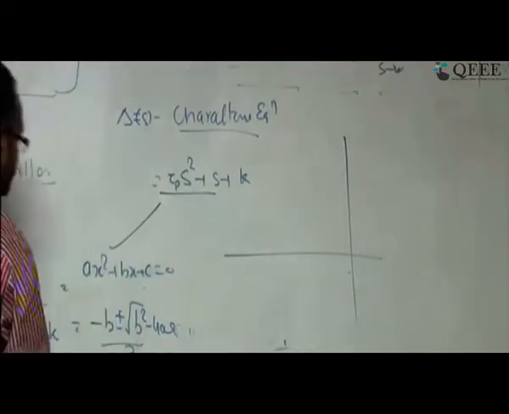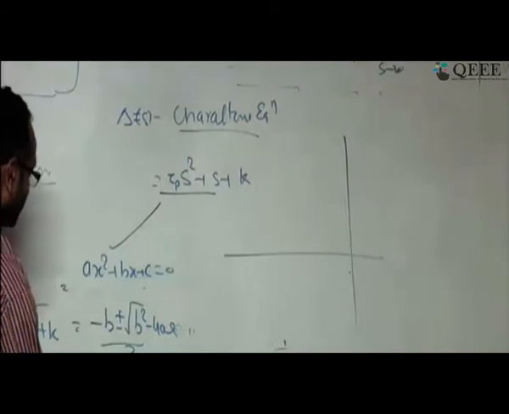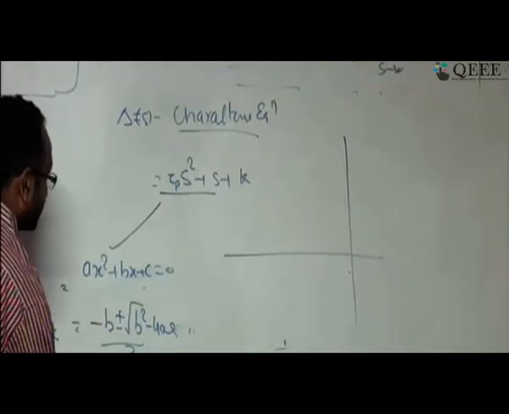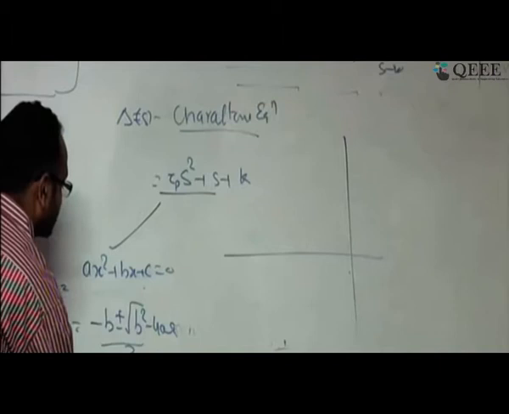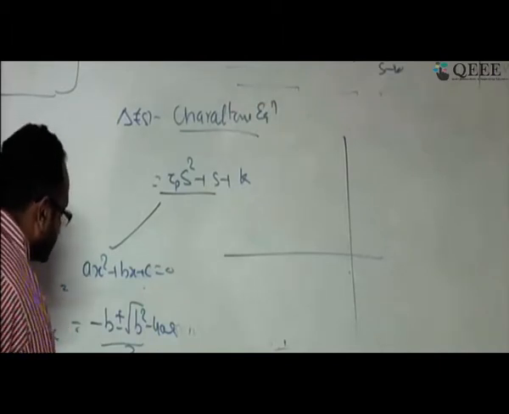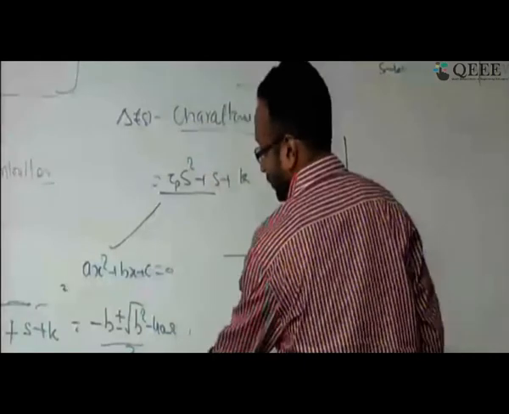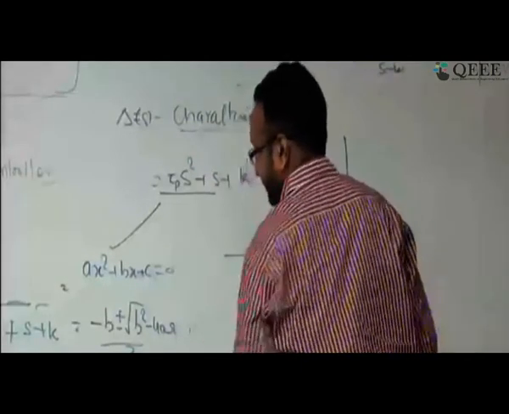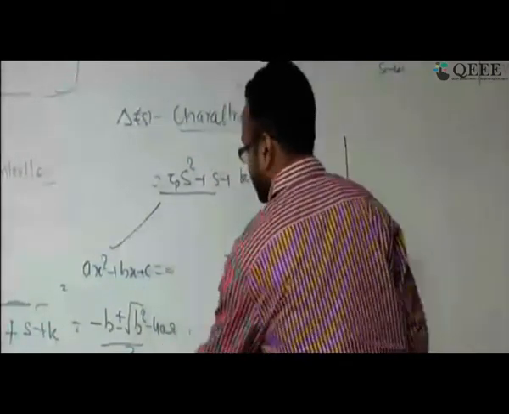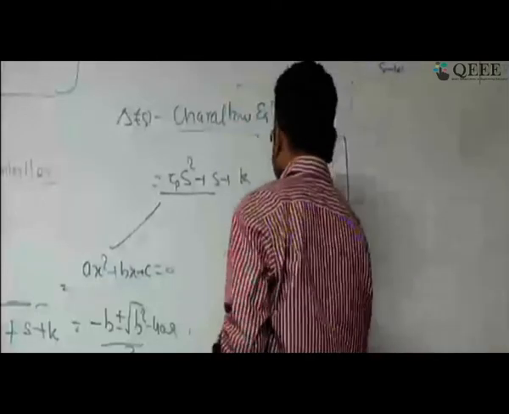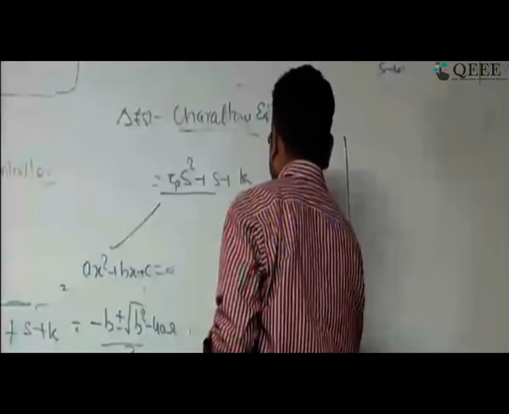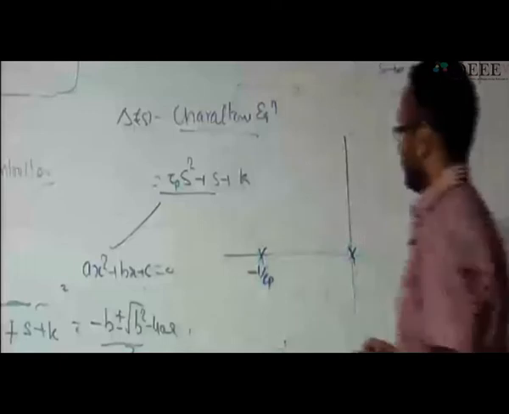Now in this case, the roots are going to be minus 1 plus minus square root of 1 minus 4K tau p, divided by 2 tau p. Now K equal to 0. If you choose K equal to 0, then the square root term will be 1. So it is minus 1 plus minus 1 by 2 tau p. So there are going to be two roots. One root is going to be minus 1 by tau p, and the other root is going to be 0.